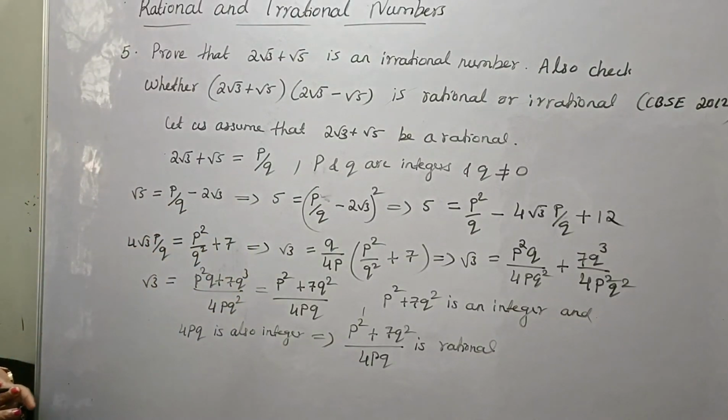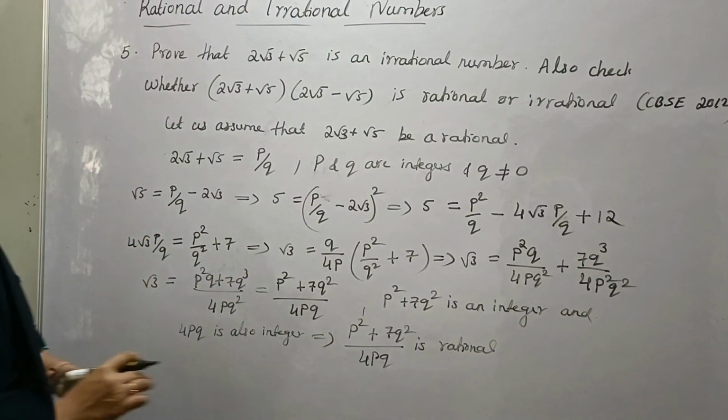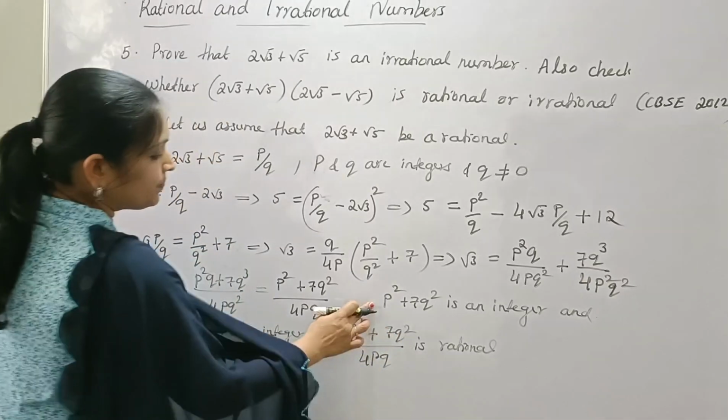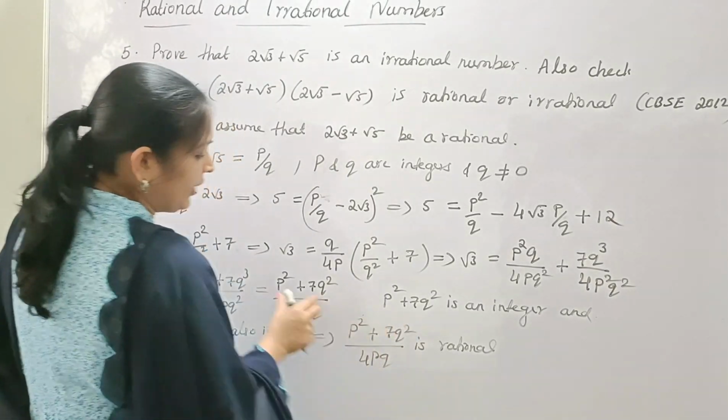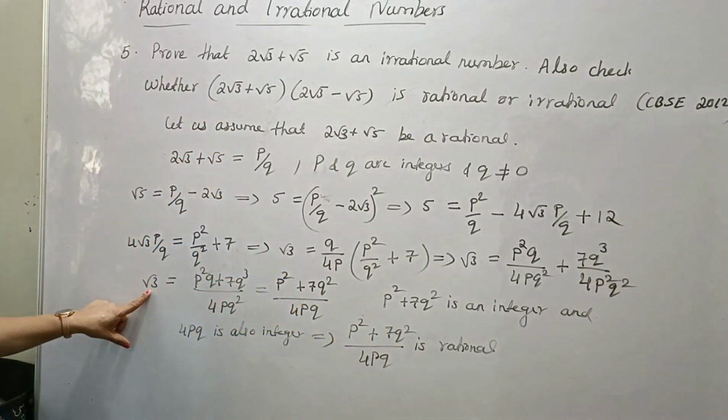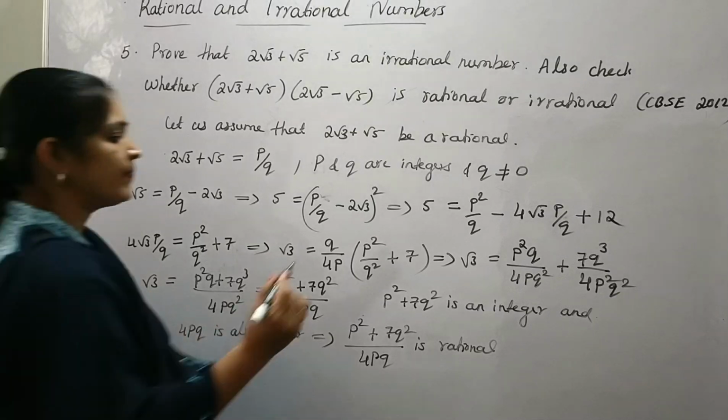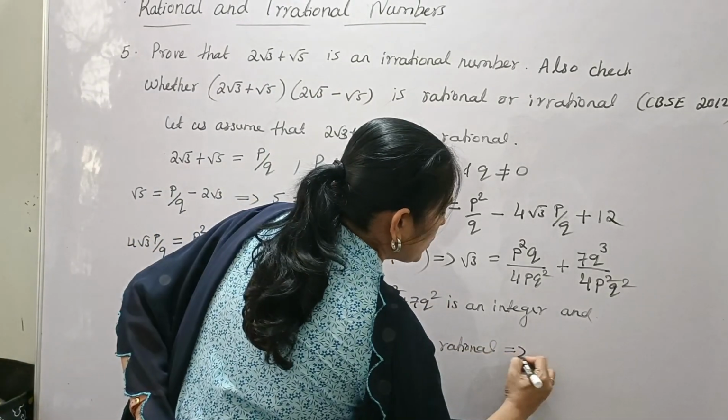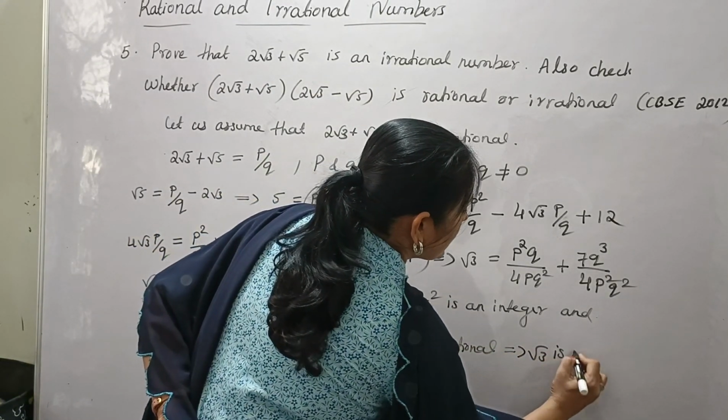Integer divided by integer, that is a rational number. Okay. Now, if it is rational, then root 3 is rational. This implies that root 3 is rational.